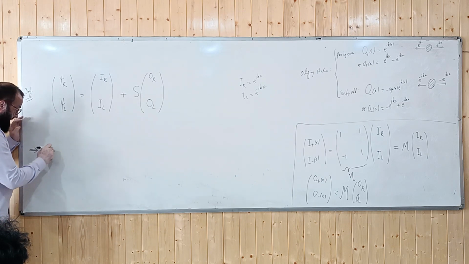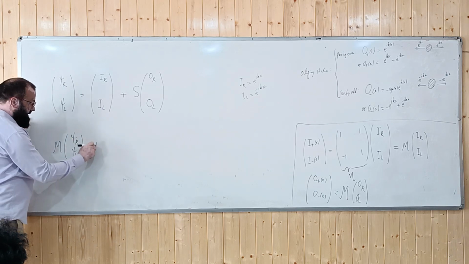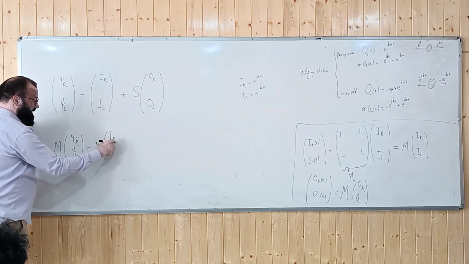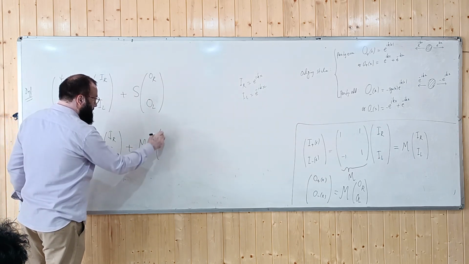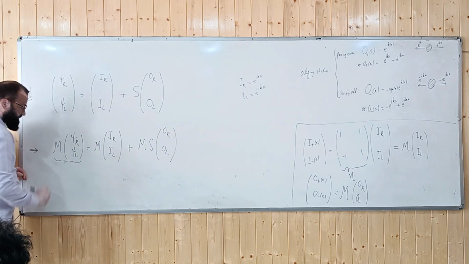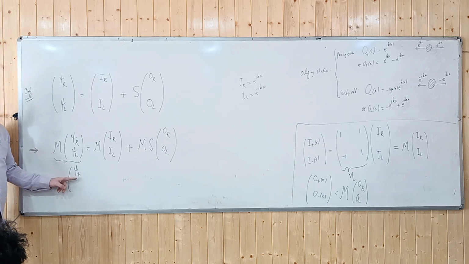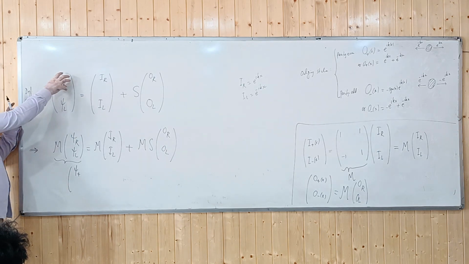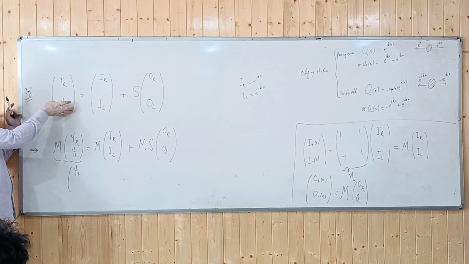Okay, so let's apply this M. So I will have psi R, psi L is equal to M times IR, IL plus MS times OR, OL. So this object I call psi plus, a wave representing the even parity. Clear? So this gives you the wave in the asymptotic limit. Psi R is a right moving wave in the asymptotic limit, and psi L is a wave in the asymptotic limit, containing both incoming and outgoing parts.